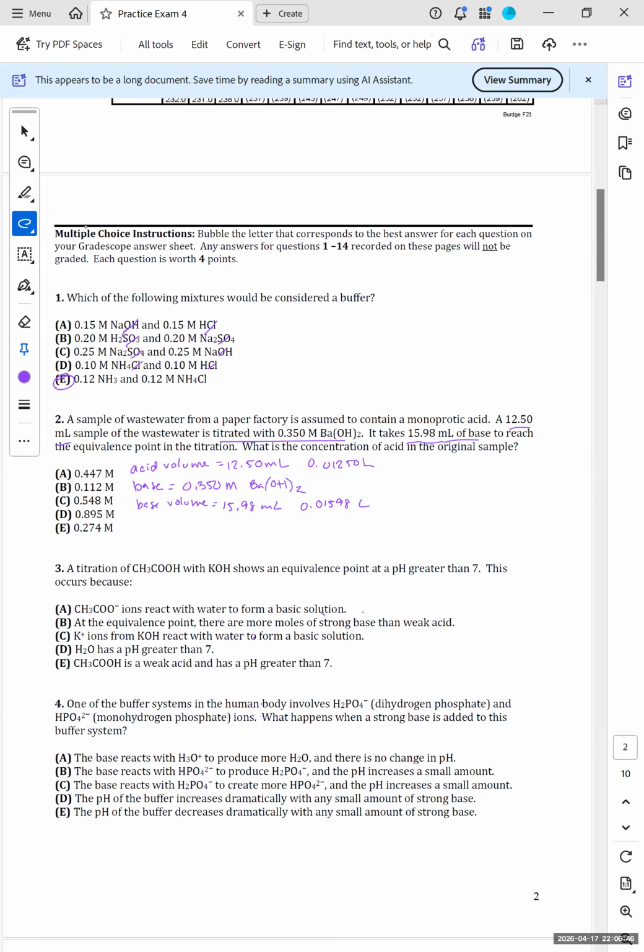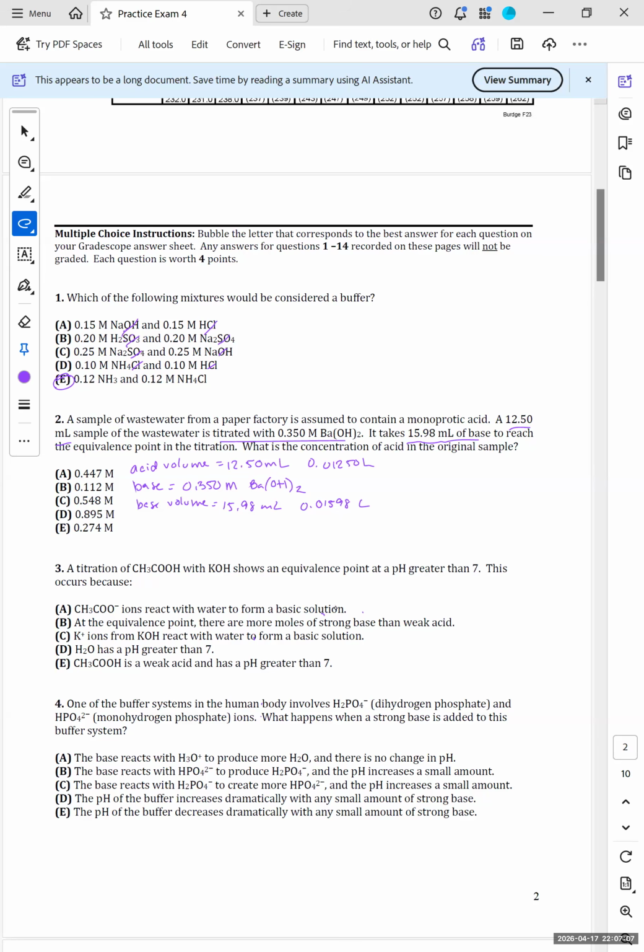This is basic dimensional analysis. We want to start with the information we're given to make it easier to get to that molarity, which is moles over liters. So I'm going to start with converting my base into moles.